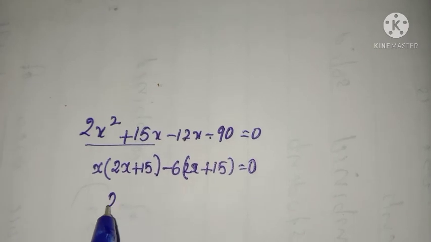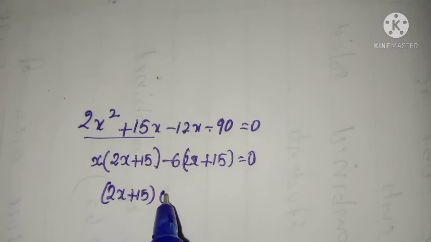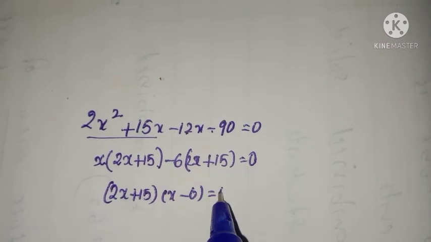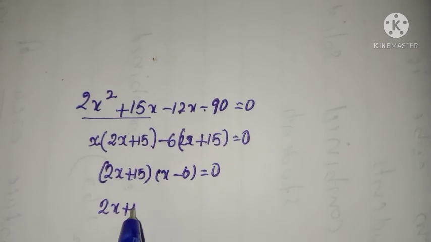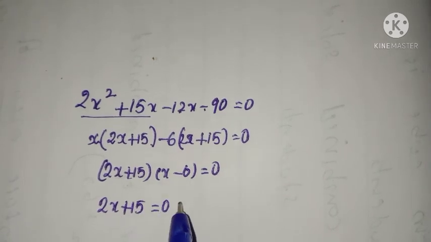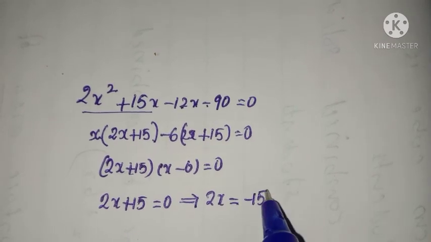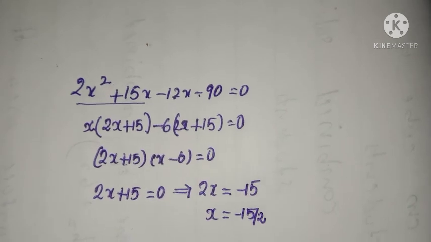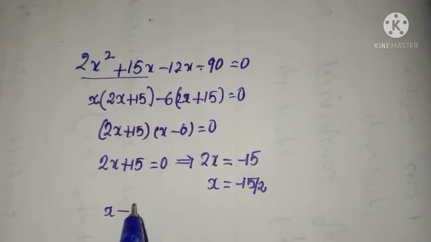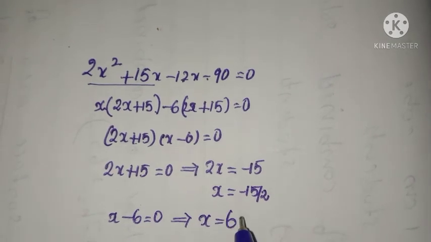So 2x plus 15 into x minus 6 equal to 0, and equate each factor to 0. We get 2x plus 15 equal to 0 implies 2x equal to minus 15 or x equal to minus 15 by 2. X minus 6 equal to 0 implies x equal to 6.